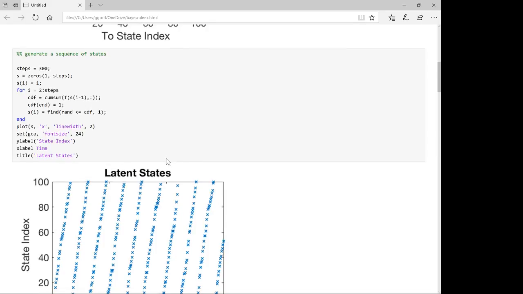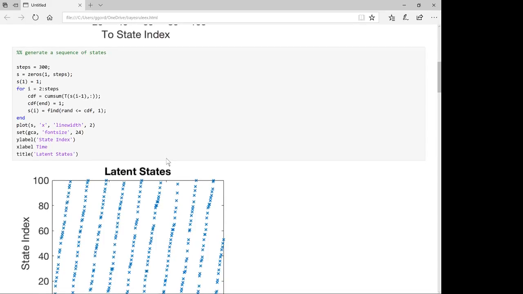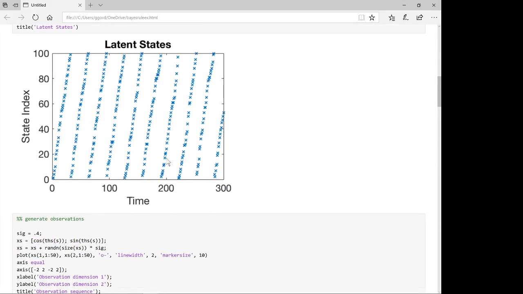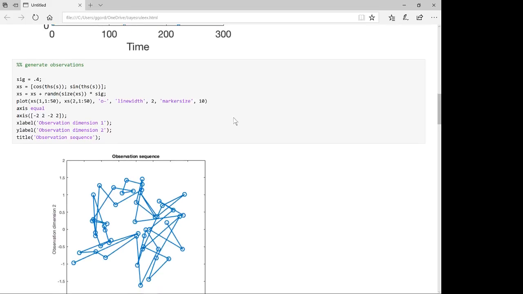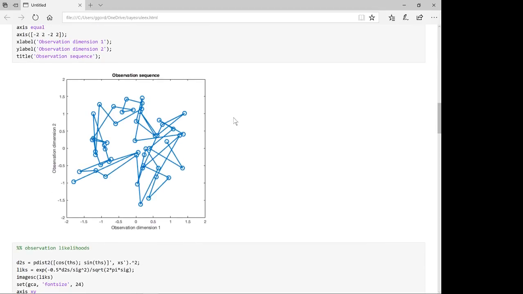These x variables take values in 1 to 100. We also have these y variables, which take values in R squared, and they're related to the x variables according to the model that I just described. And what we're trying to do is work out how to back out the probability of the x's given some observations of the y's.